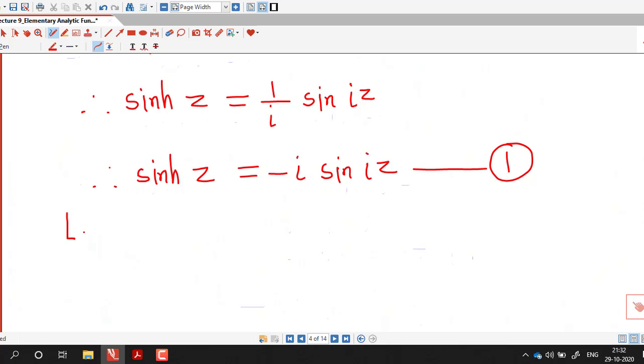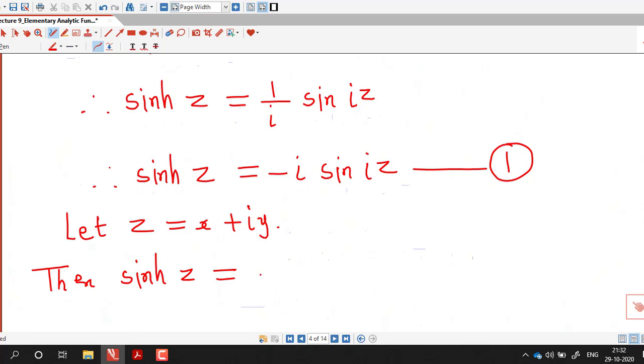Now we start by taking z equal to x plus iy. Then sin hyperbolic z equal to minus i sin iz, with z equal to x plus iy.